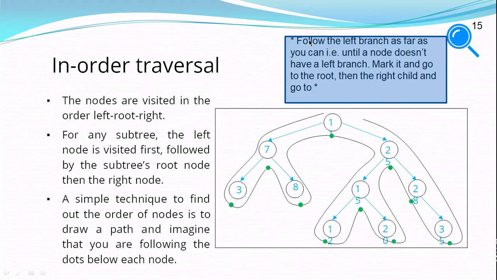So the rule for in-order traversal, in effect, is follow the left branch as far as you can, i.e. until a node doesn't have a left branch, then mark the node that doesn't have a left branch and go to the root, visit the root, look at the data in the root or whatever, and then explore the right child by going to the instruction marked with star.